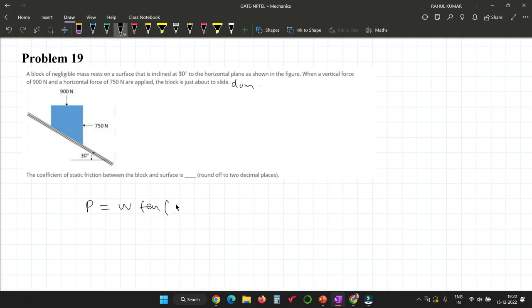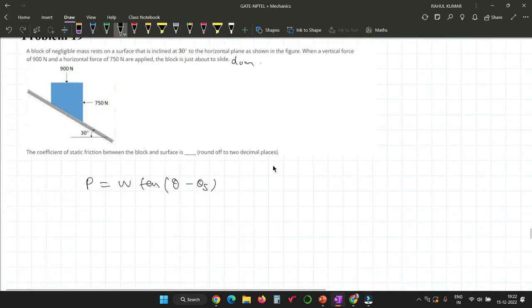Sir, 0.1729, something like that is coming. So we will apply this formula, right? Excuse me, sir. Yeah, tell me.